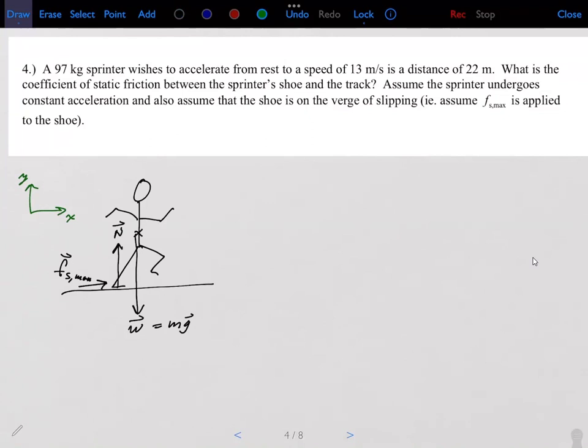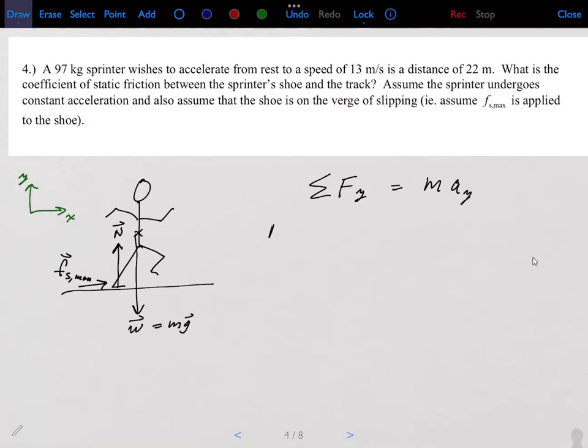Okay, so let's look at the y direction first. I'm going to apply Newton's second law to the y direction. So the sum of the forces in y equals m a_y.